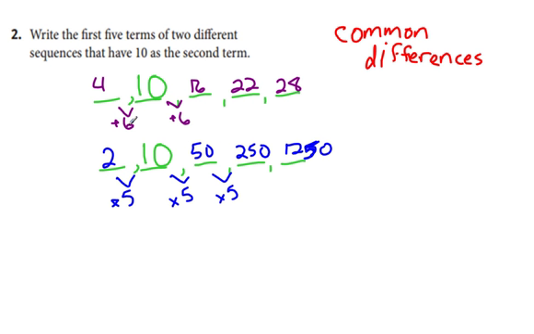Like this one here, the common difference is 6. That means part of our rule is 6n, right? And then we can test it, like 6 times 1 to try to get this value. But 6 times 1 is 6, so how do we get to 4?